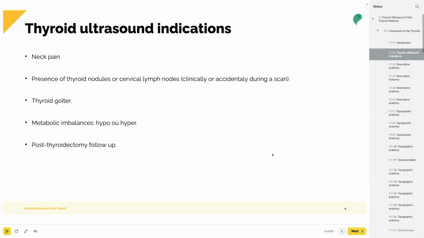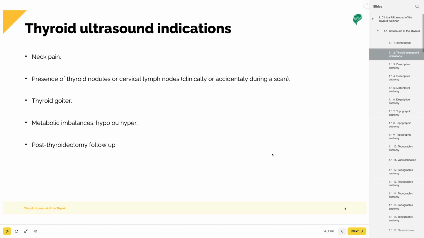When do we perform an ultrasound of the thyroid? So neck pain would, of course, any type of pain in the body would warrant further evaluation. So neck pain, the presence of thyroid nodules, a thyroid goiter, metabolic imbalances, which are hormonal imbalances such as hypo or hyperthyroid.